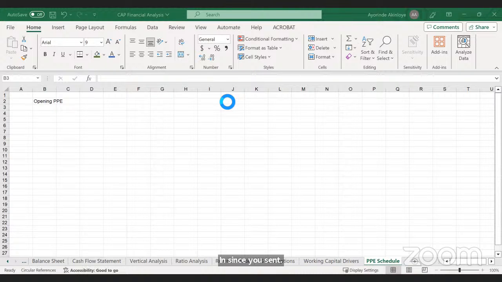So please, can you see the new model I'm sharing? Please put it in the chat box. Can you see the new model I'm sharing? Okay, I'm coming. Let me do this. Trying to be quick.